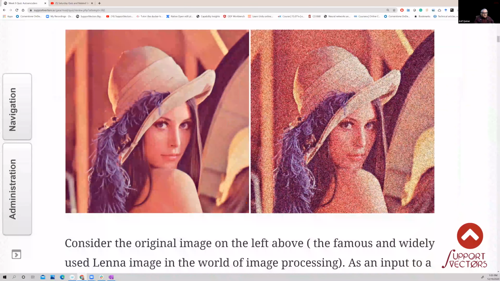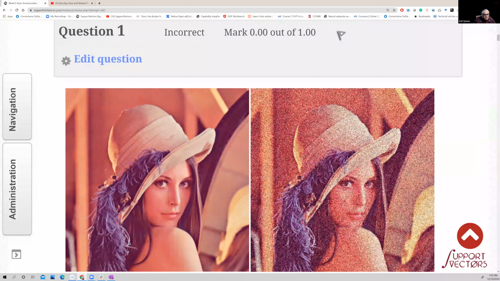Okay. The way to tell is, you look at this noise. For example, look at the cheeks here. And you look at the noise on the cheek. Are those noise black and white in color? I had to see more pictures to understand that.